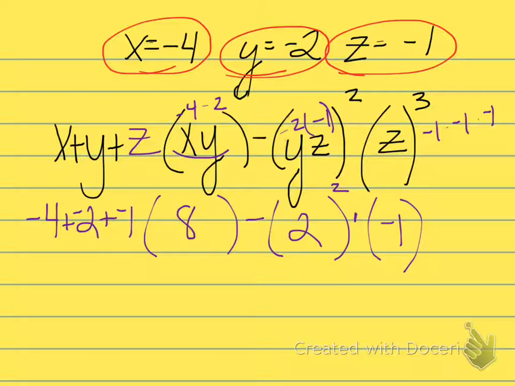Now, a lot of you just jumped right into doing these numbers. You combined them all, and that's where you screwed up. You can't combine all of them because there's a relationship here that is multiplication between the negative 1 and the 8.